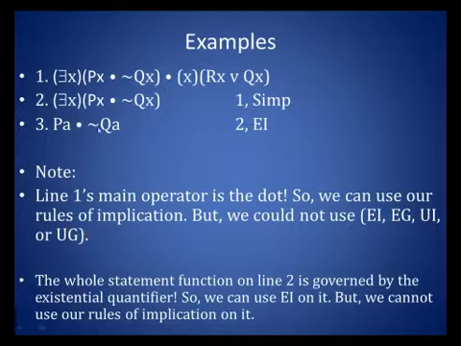In contrast, if my main operator is not a quantifier, as in the case of line 1, where my main operator is the dot, then I am not allowed to use EI, EG, UI, or UG. Make sure that you study this particular example for a moment, okay? Pause the video if you need to, but you need to understand when you're allowed and when you're not allowed to use your rules of implication and your EI, EG, UI, and UG rules, okay?